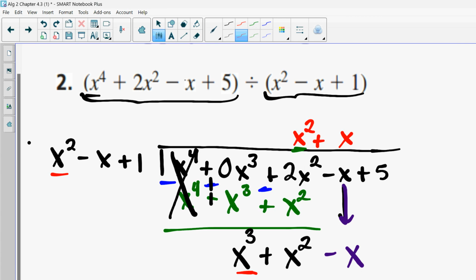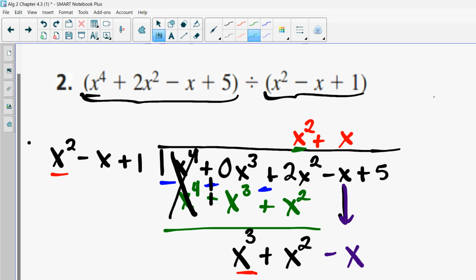So all we're doing is multiplying this by x, 1x. X times x squared is x to the third. X times negative x is negative x squared.